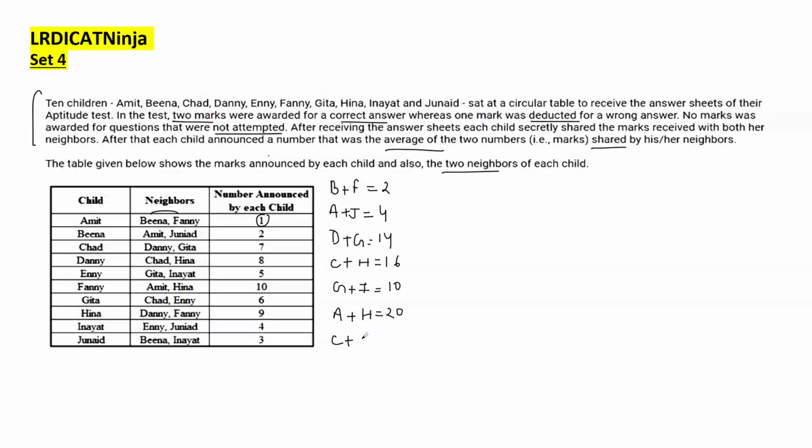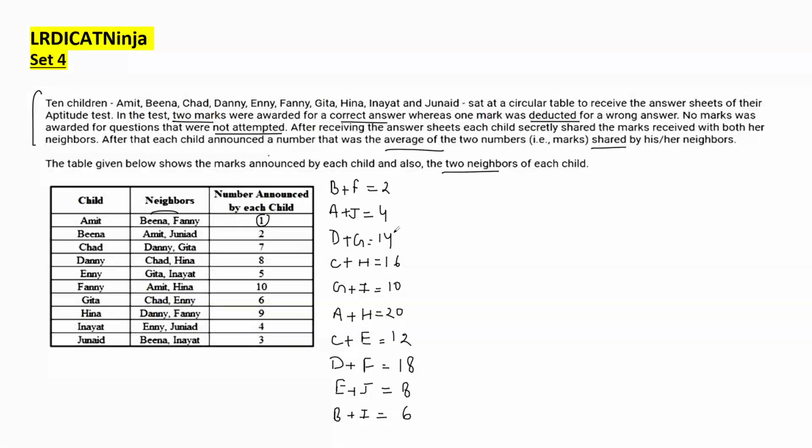Make it double and then just add. E plus J is 8. And lastly, B plus I is 6. So we have all the numbers, all the even numbers from 2 to 20.